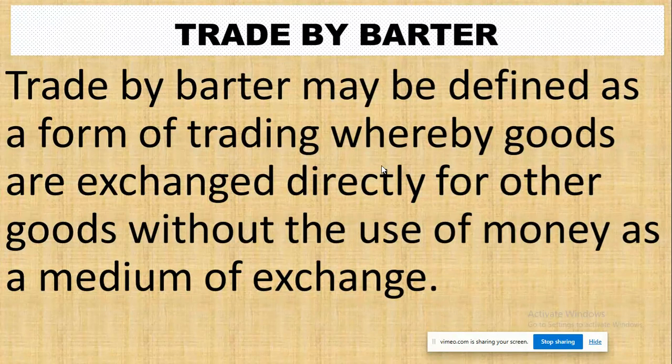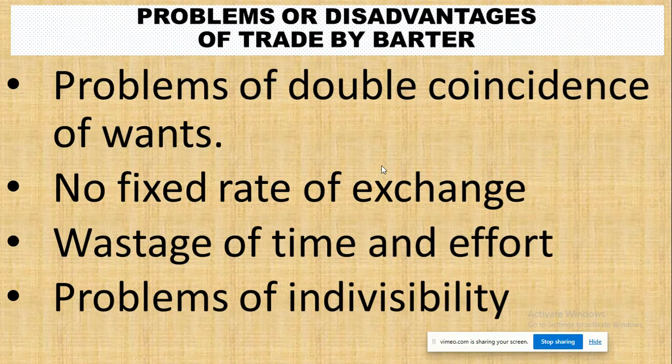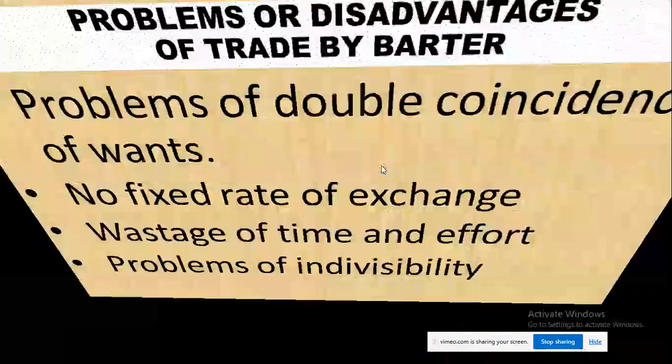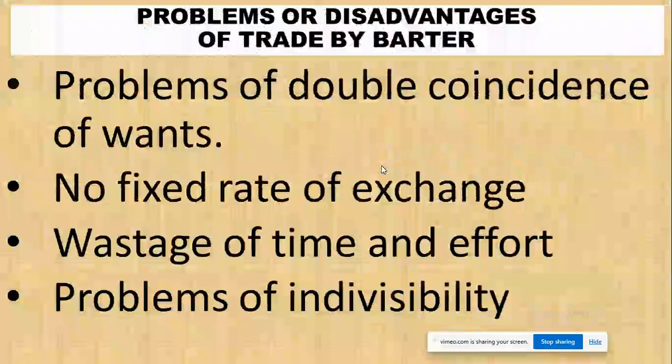Before the arrival of money, trade by barter was used by our forefathers in the exchange of goods and services, in the absence of what? Money. Okay? Now, let's discuss the problems or disadvantages of trade by barter.